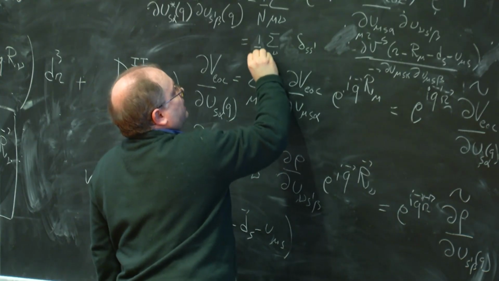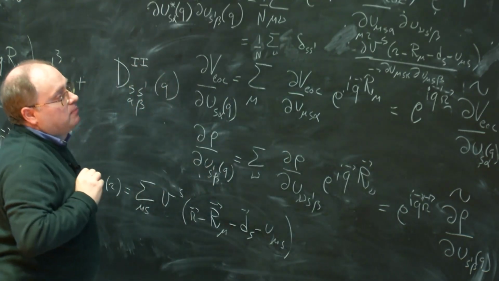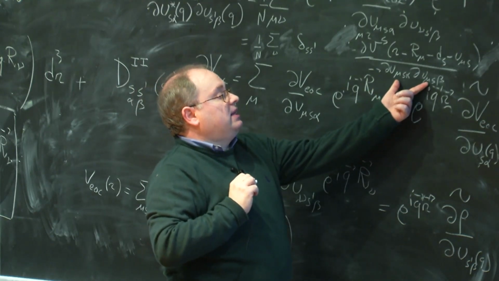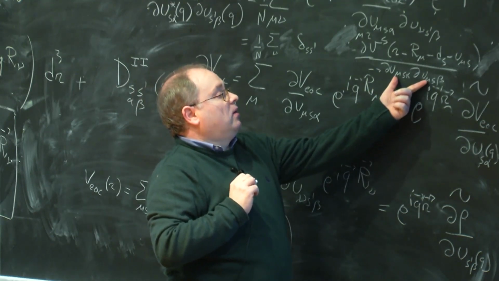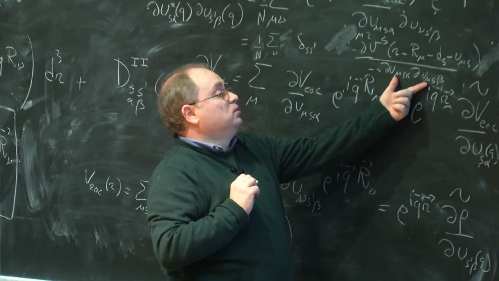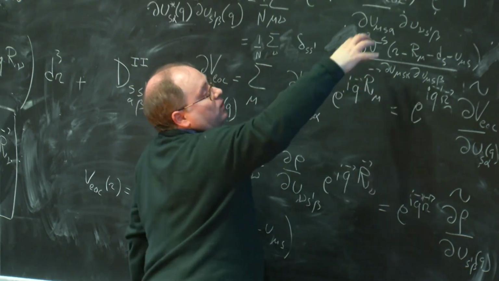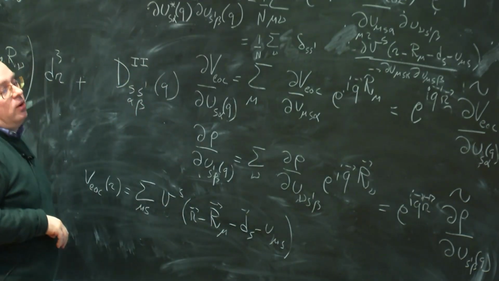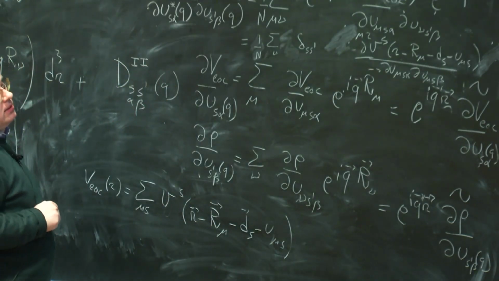So the 1 over n remains. But then you see that this derivative is independent of which mu I do, and it is a sum over all the mu. So it is an object that is lattice periodic.